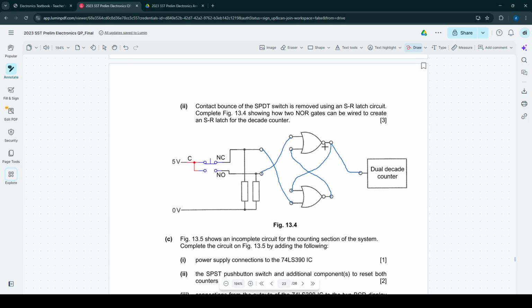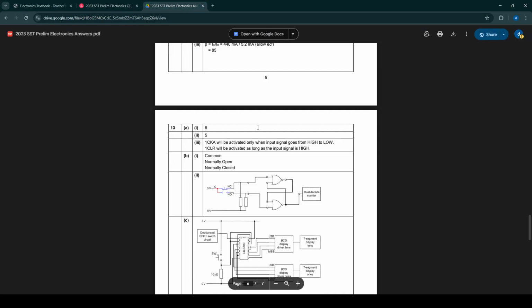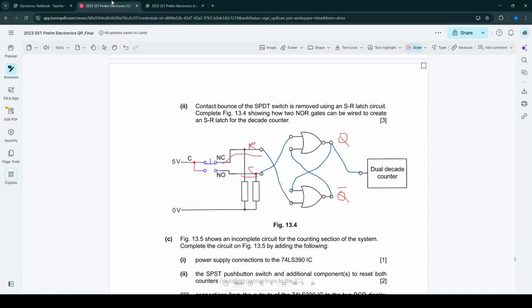Yeah, and then show that this. Okay, hold on. Is it normally open or normally closed? It's normally closed. So that means this would be R. So this would be Q. And then yeah, so this should be right. Oh, you're wrong.